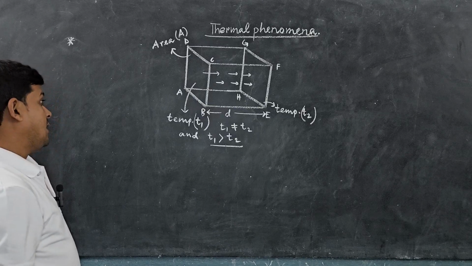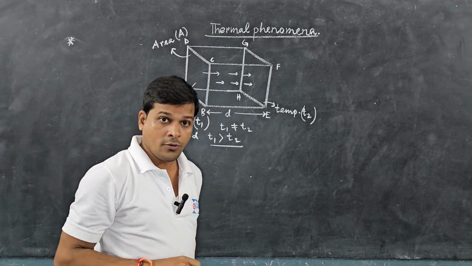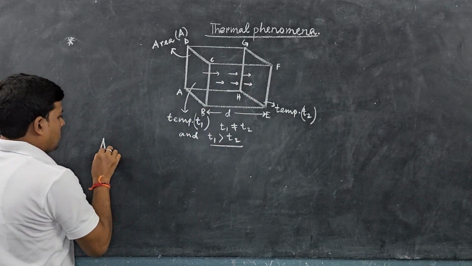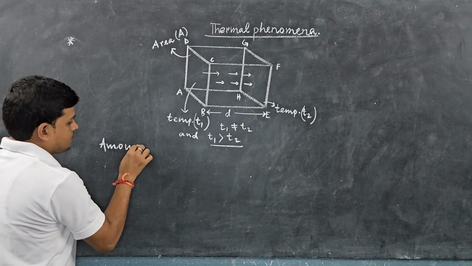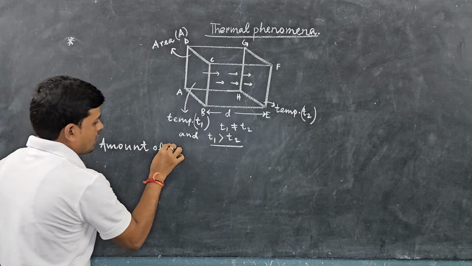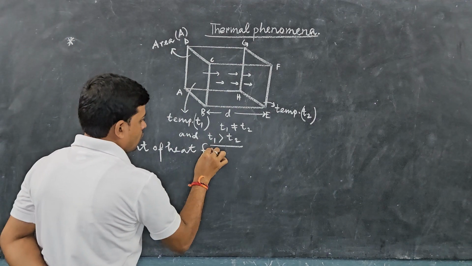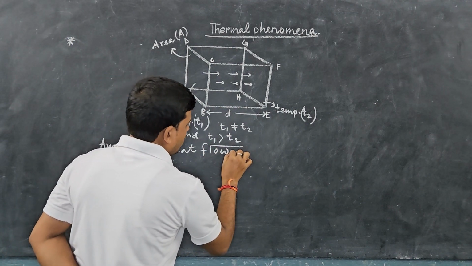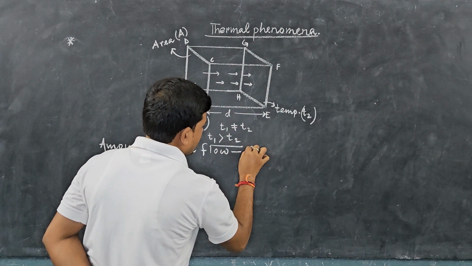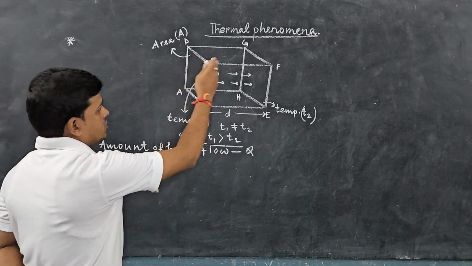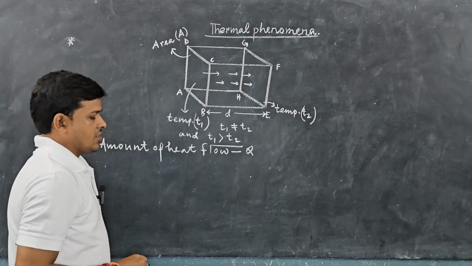Then how much amount of heat will flow? Just see here. Let the amount of heat flow be represented by Q, the amount of heat flow from the ABCD to the EFGH surface.